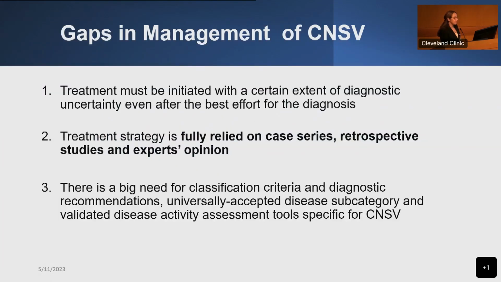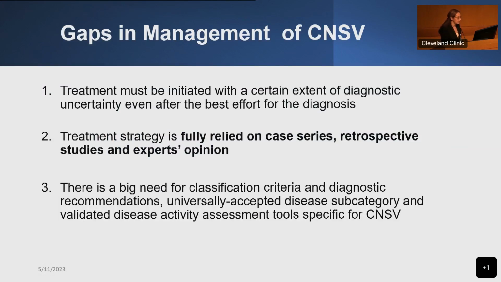There are multiple gaps in the management of CNS vasculitis, and sometimes we are really pushed to have a treatment, although we have uncertainty in the diagnosis, even with the best effort of our diagnostic workup. And the treatment strategy is based on case series, retrospective studies, and expert opinion.